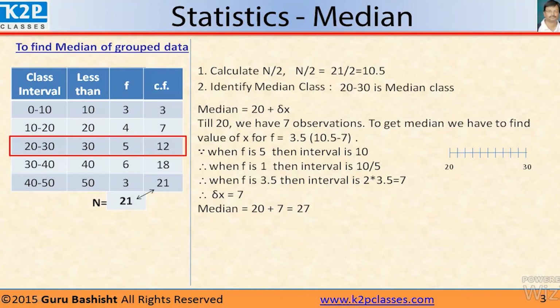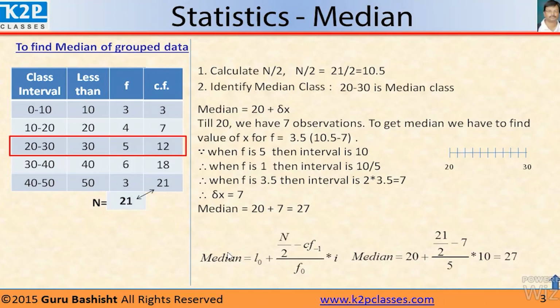So this is the mathematical model. What is the formula of the median? First find the median class: calculate n by 2 and see where it belongs, that is the median class. Then median equals L0, the lower limit of the median class, plus n by 2 minus the cumulative frequency of the previous class, divided by f0, the frequency of that class, into i, the class interval.